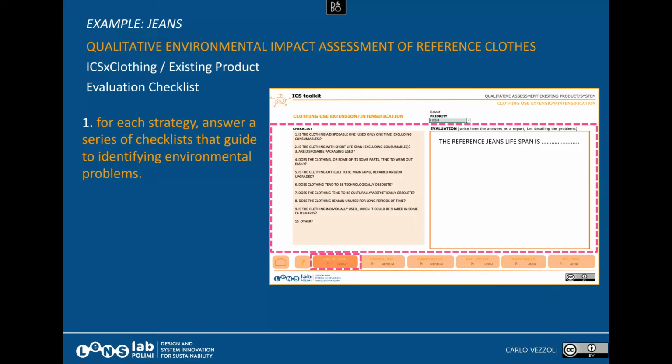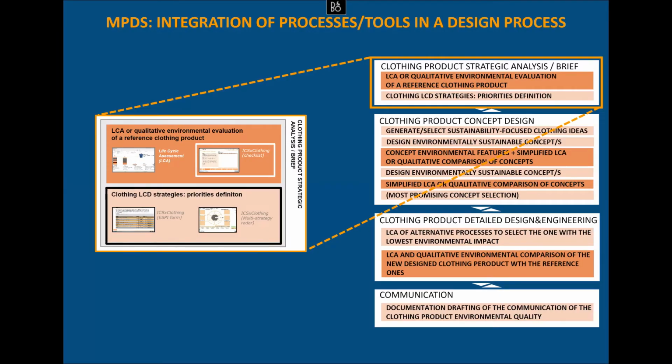And the checklists are helping you to understand whether the reference blue jeans has a problem, in this case for our toolkit, for our tool, in relation to the strategy. So for clothing life extension, is there a problem? And so you highlight whether there is a problem. And you do this for all of the strategies.